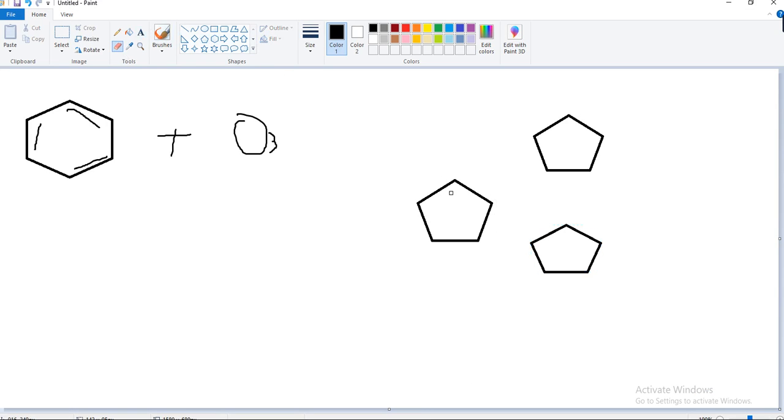First we'll draw oxygen here. Now there are 2 carbons, so these 2 are the carbon atoms. Now we can draw 2 oxygens like this. So there are a total of 3 oxygens in the ring and 2 carbon atoms. This is a 5 membered ring.